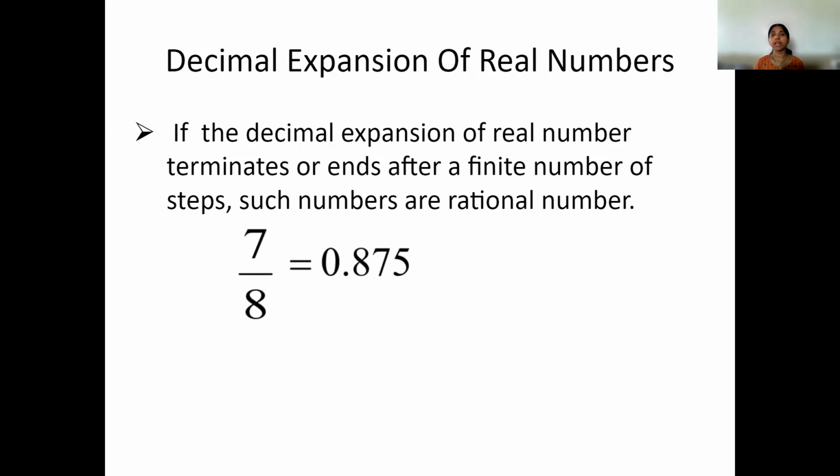It is ending somewhere, or ends after a finite number of steps. Such numbers are rational numbers. For example, 0.875 ends somewhere, so such real numbers are called rational numbers.